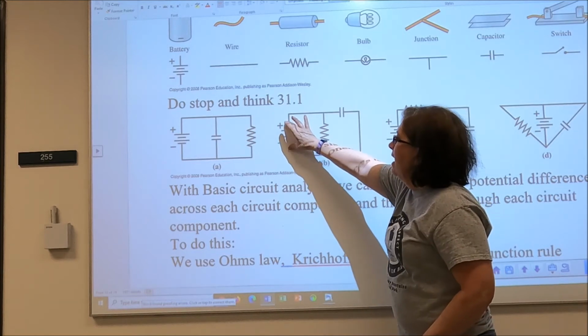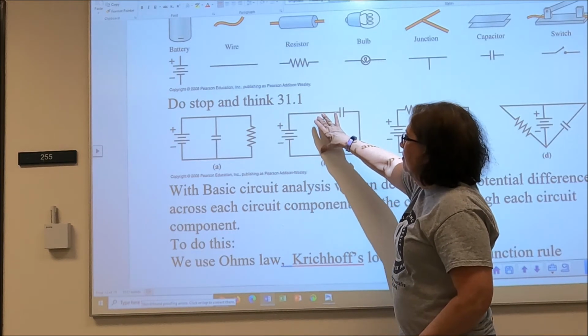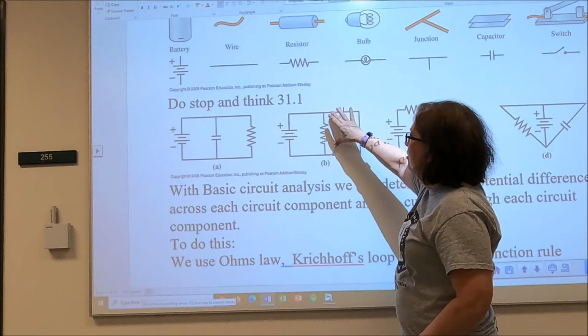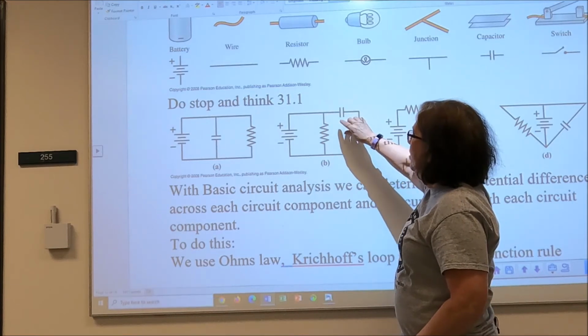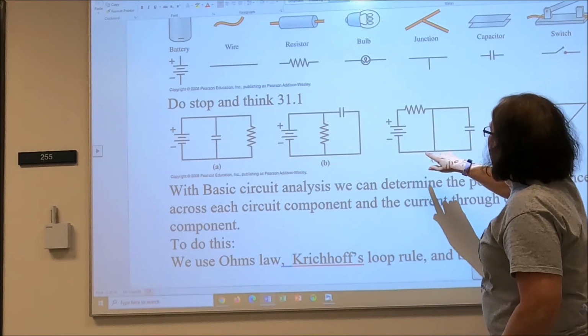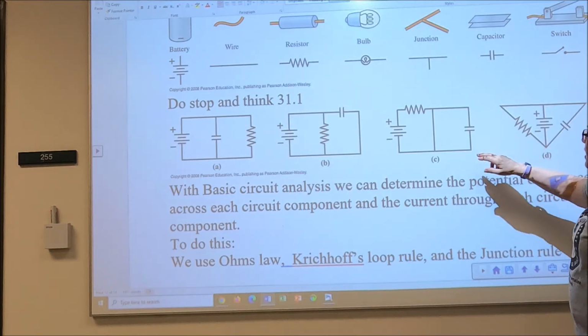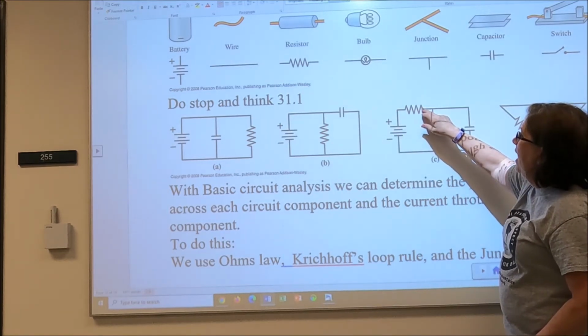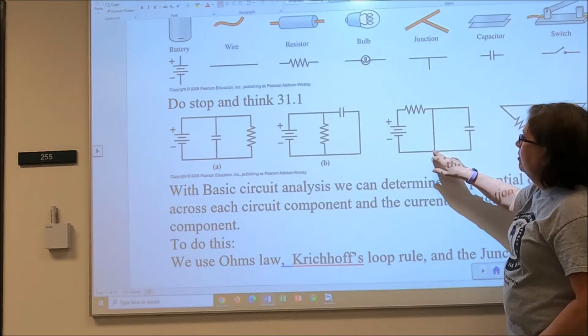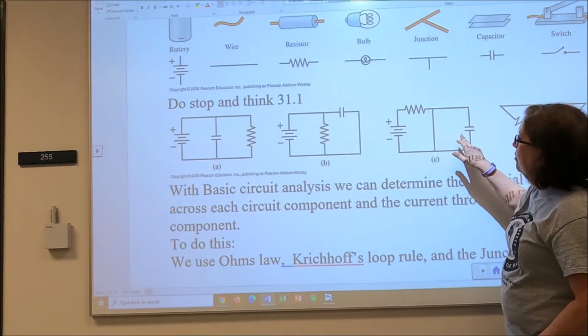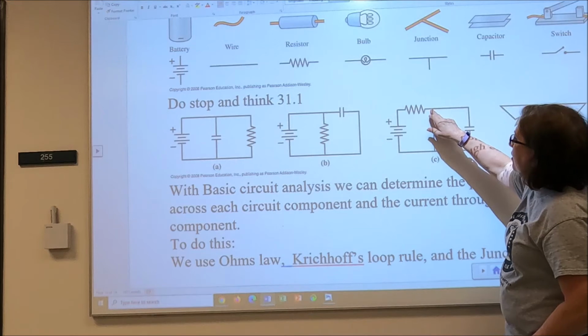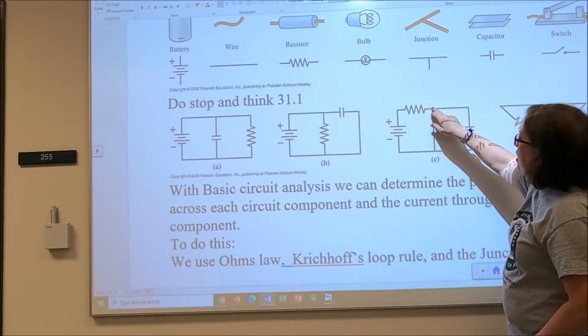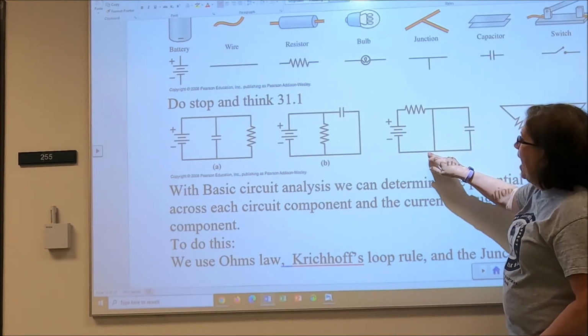Because I've got a battery in parallel with this resistor and parallel with the capacitor. If I look here, I've got a battery in series with a resistor, to the junction, and then I've got the capacitor.